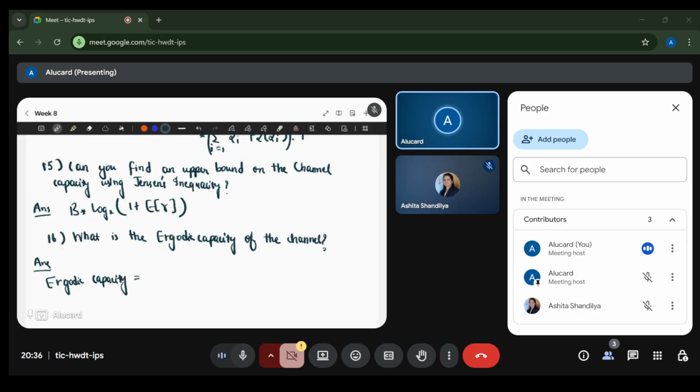Ergodic capacity is the average, the expected value of the capacity, which is the sum of probability P alpha of alpha i times the capacity if the SNR was gamma i.